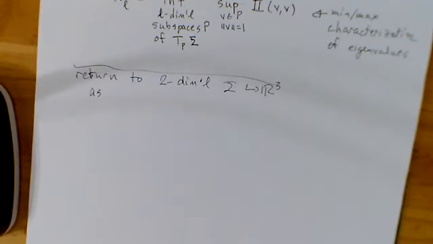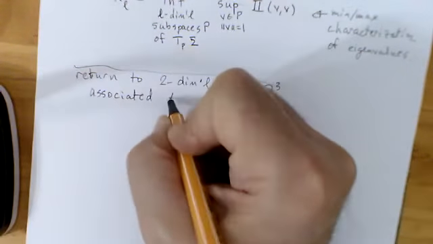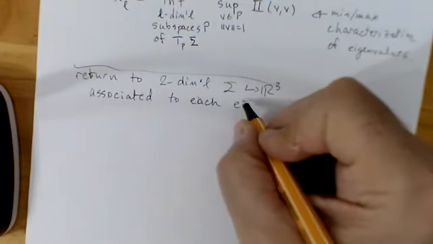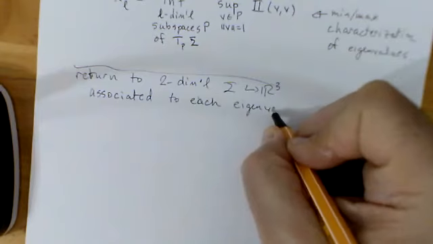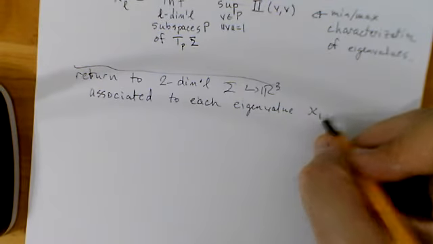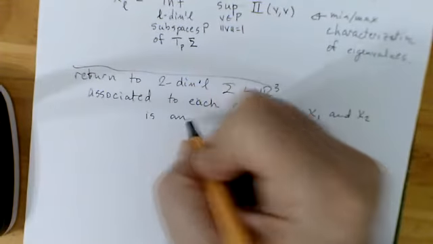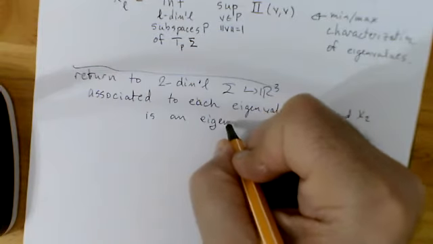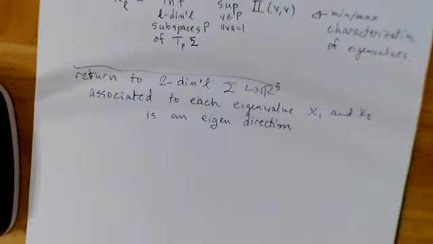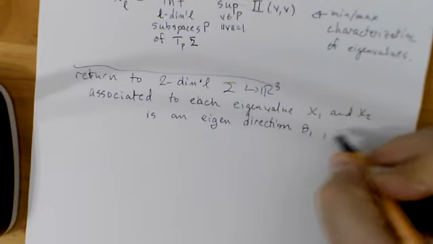What do I want to say? I want to say associated to each eigenvalue kappa i is an eigendirection. Let's call them maybe theta 1 and theta 2.